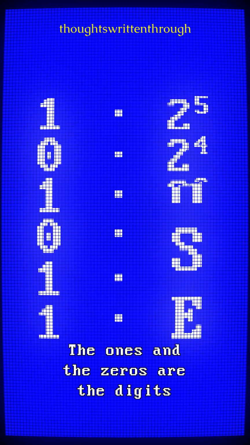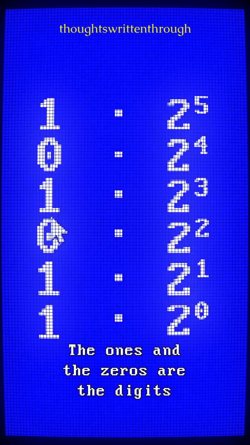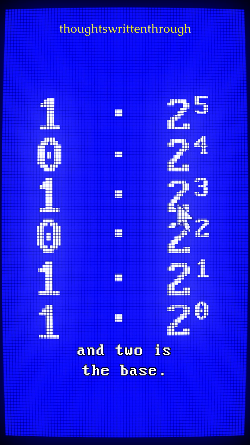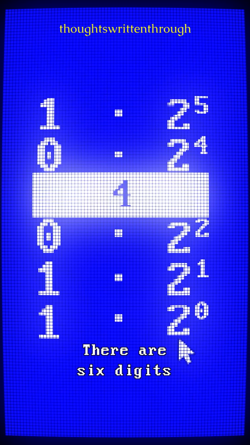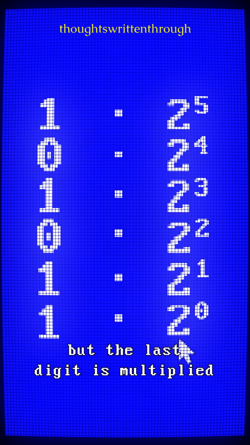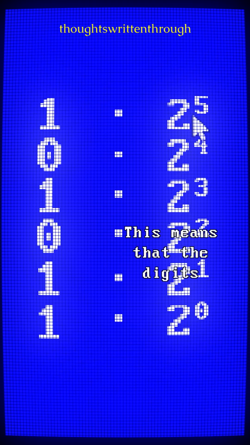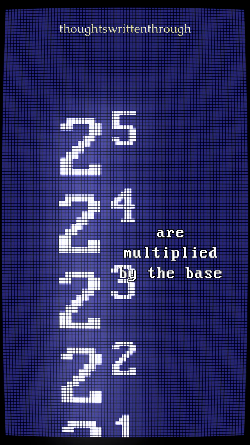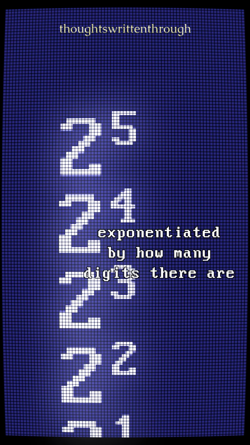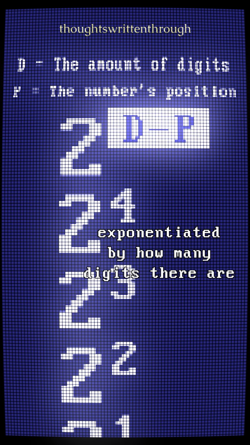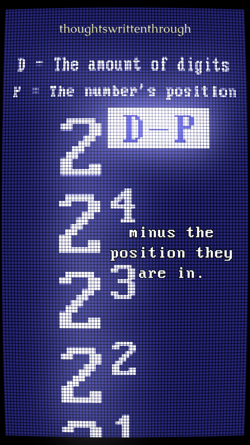The ones and the zeros are the digits, and 2 is the base. There are 6 digits, and the last digit is multiplied by the base to the power of 5. This means that the digits are multiplied by the base exponentiated by how many digits there are minus the position they are in.